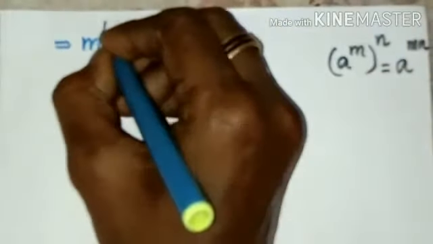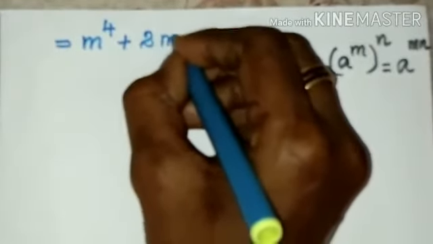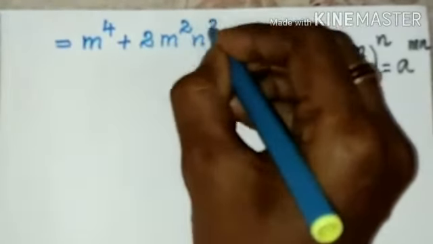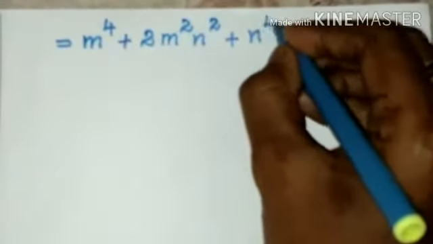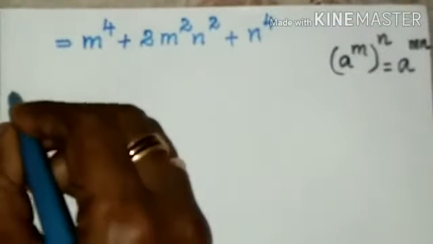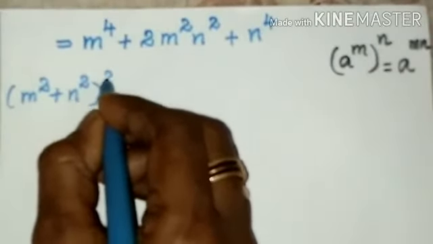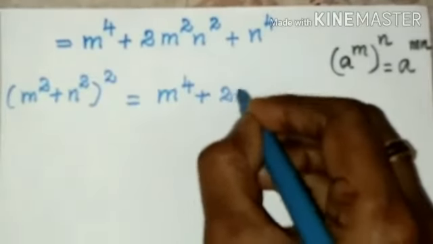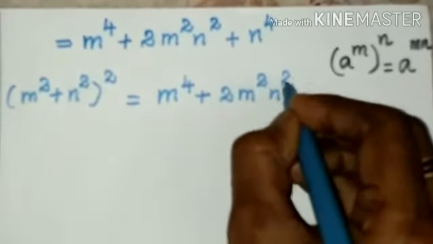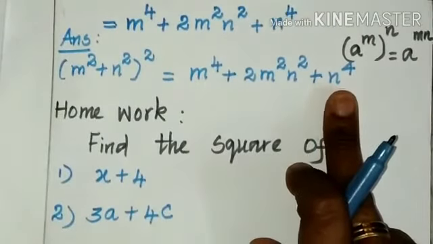So m power 4 plus we have to multiply the next, 2 into m square into n square. Then again we apply the power rule, n power 2 into 2, that is n power 4. Now we write the answer: m square plus n square the whole square is equal to m power 4 plus 2 m square n square plus n power 4. So this is the answer for the second sum.